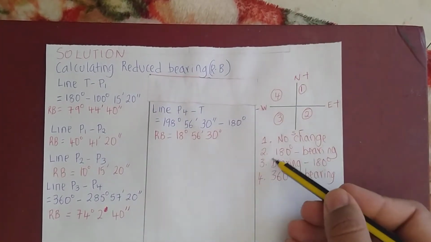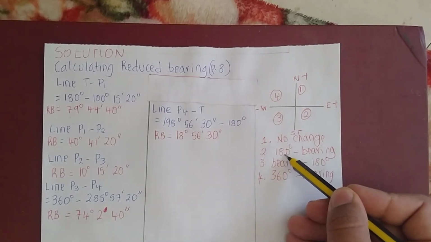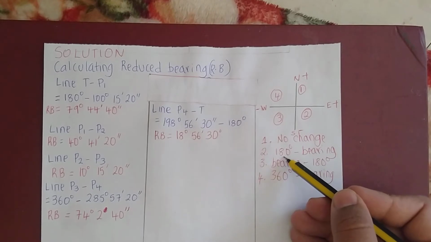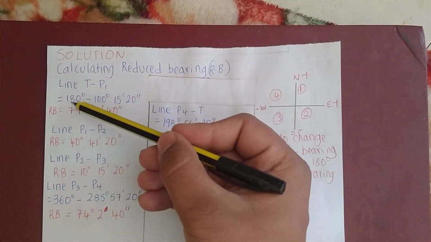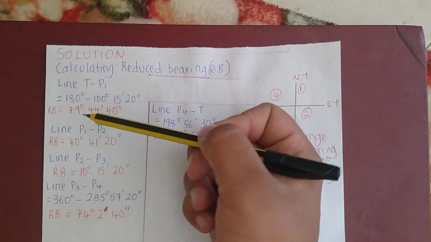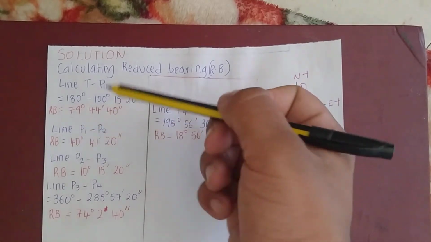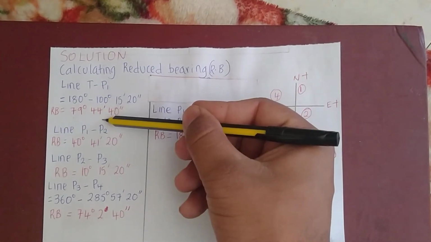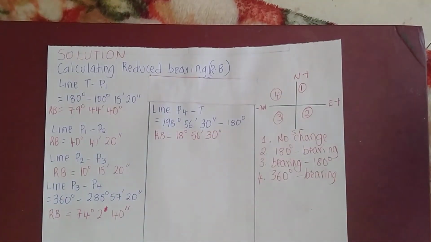For the second quadrant, the reduced bearing is 180 degrees minus the bearing. So I did 180 degrees minus 100 degrees 15 minutes and 20 seconds, and I got my reduced bearing as 79 degrees 44 minutes and 40 seconds.